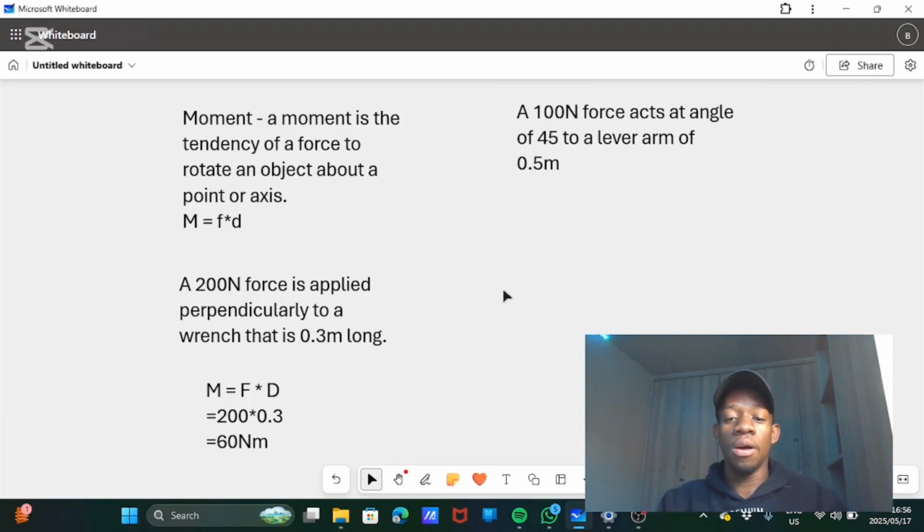So when a force acts at an angle, how do we calculate that? There's going to be a slight change in our formula.